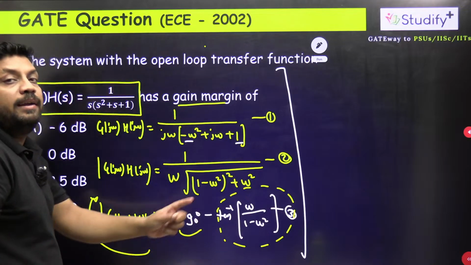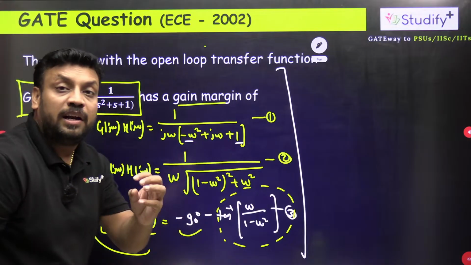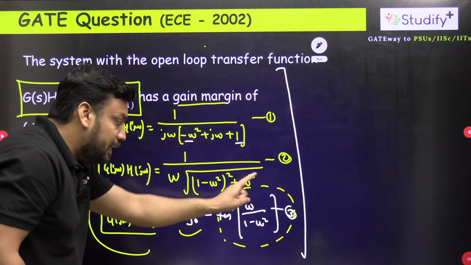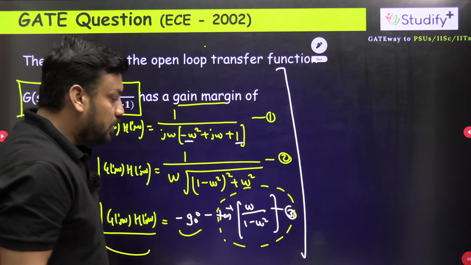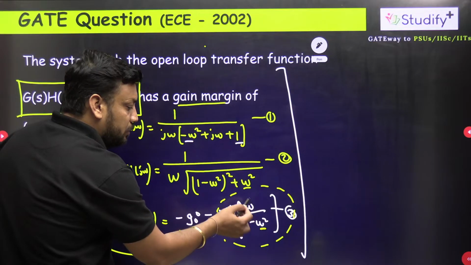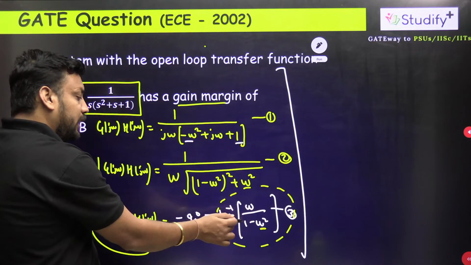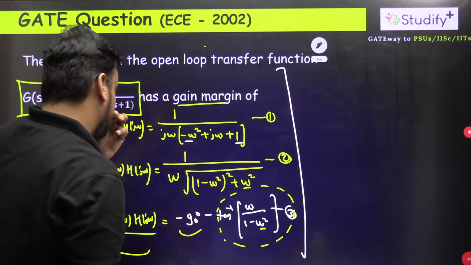Tan inverse infinity is 90, so inside the bracket we need to generate infinity. If I put omega value 1, 1 minus 1 is 0, something upon 0 is infinity, tan inverse infinity is 90, with minus 90, minus 90 is nothing but minus 180.